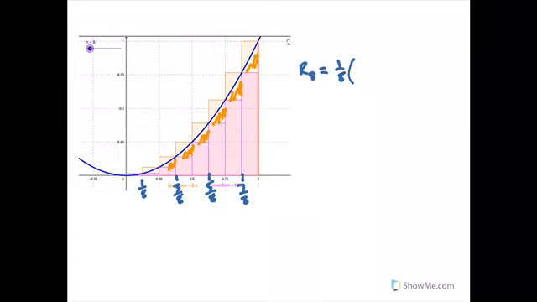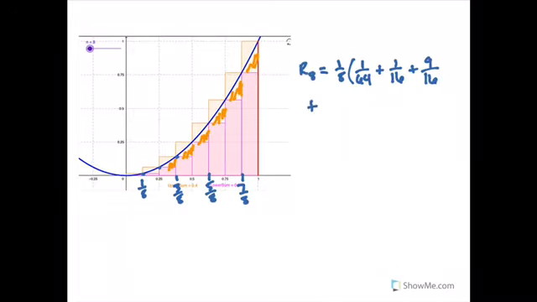So from the right-hand side now, I'm looking at that point right there. I'm going to get 1/64. And then we plug in 1/4 to get that point. We get 1/16. Then I plug in 3/8 to get that y value, I get 9/64.